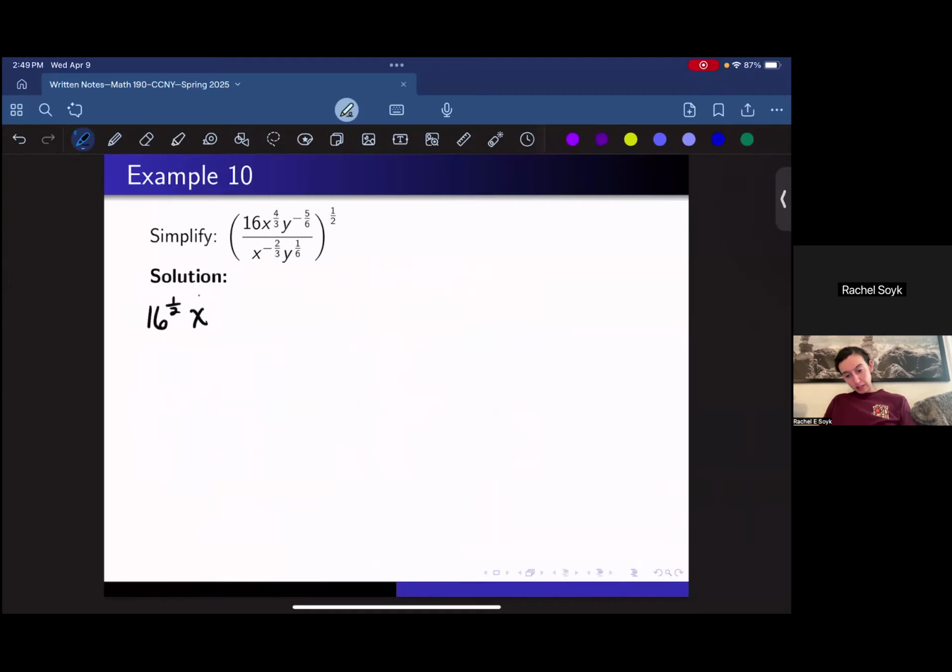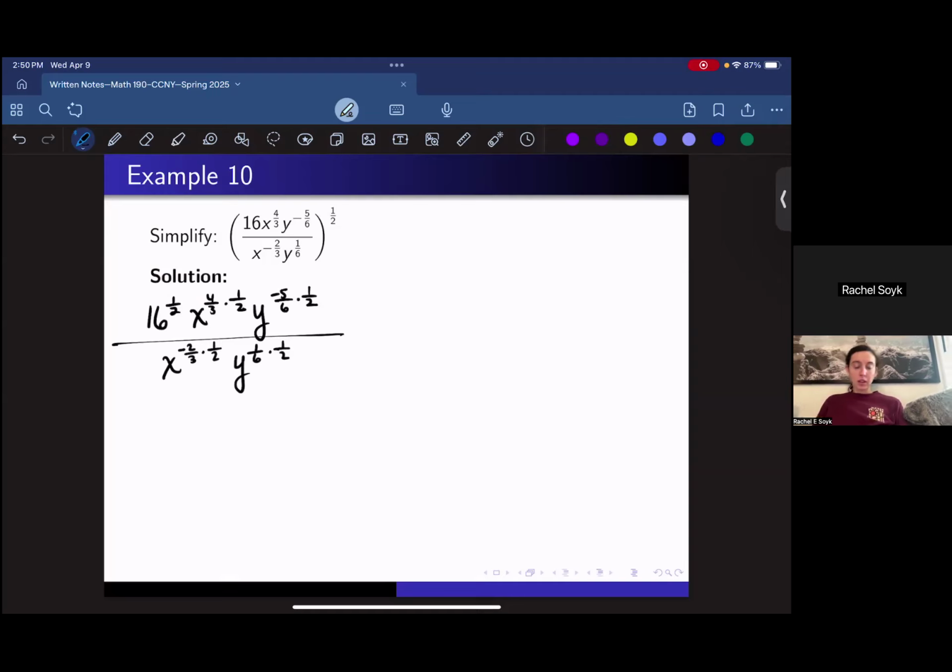So 16 to the 1/2, x to the 4/3 times 1/2, then y to the negative 5/6 times 1/2, all over now the denominator, x to the 2/3 times 1/2, and then y to the 1/6 times 1/2. Let's simplify this a bit.